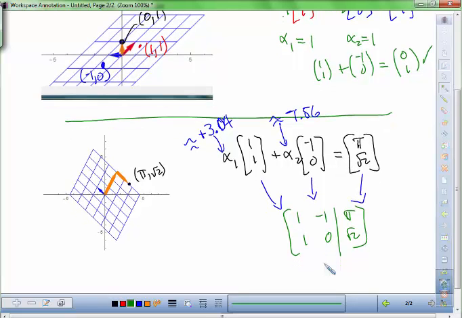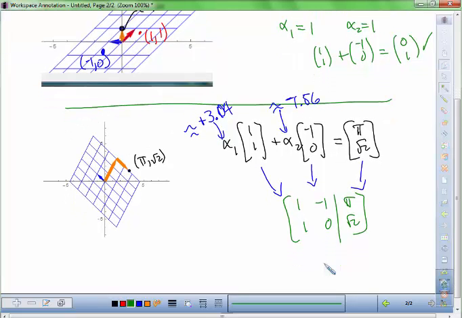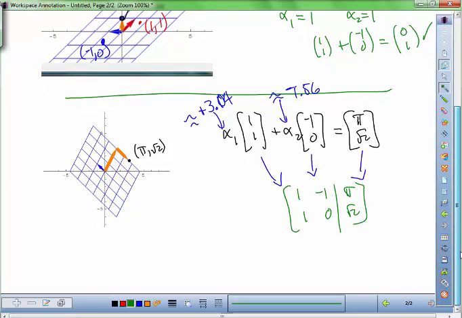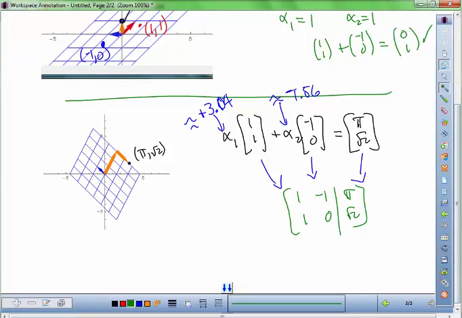The numbers are wrong. 3.04 times 1 doesn't really do that. If you just solve the bottom line of that matrix, it doesn't really work. So I think maybe your vectors are wrong.